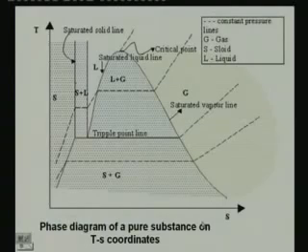Again, you can see the solid region, gaseous region, and liquid region. And you can also see the solid plus liquid two-phase region, the liquid plus gas region, and the solid plus gas region. And you can also see the saturated liquid line and saturated vapor line, and the critical point and the triple point.